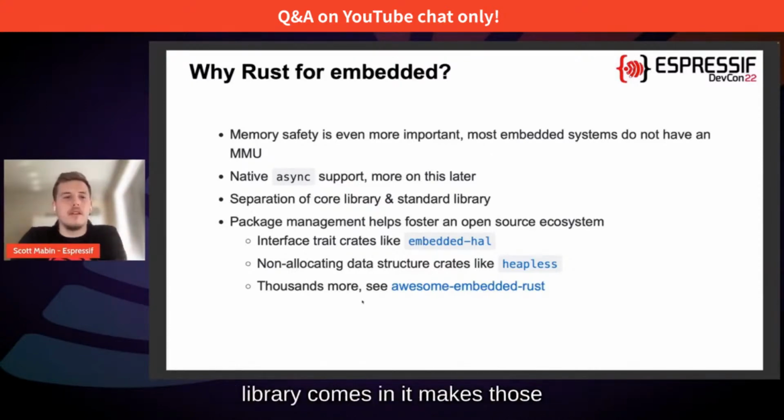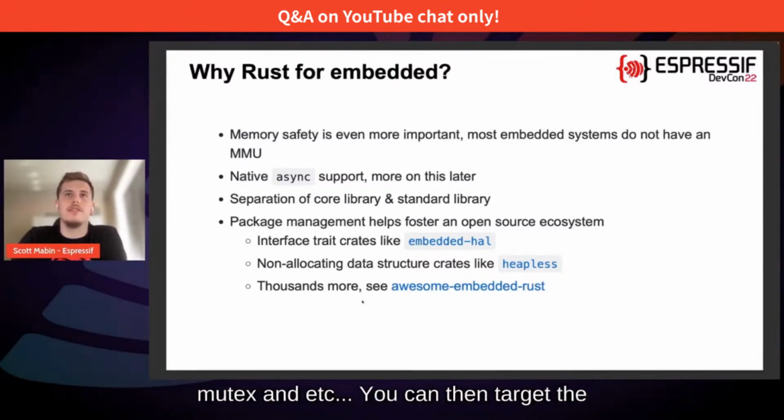That's where the standard library comes in. It makes those assumptions and builds on top of the core library. This means it's easy to create targets that just target the core library, and then in the situation where you have threads, mutexes, etc., you can then target the standard library.